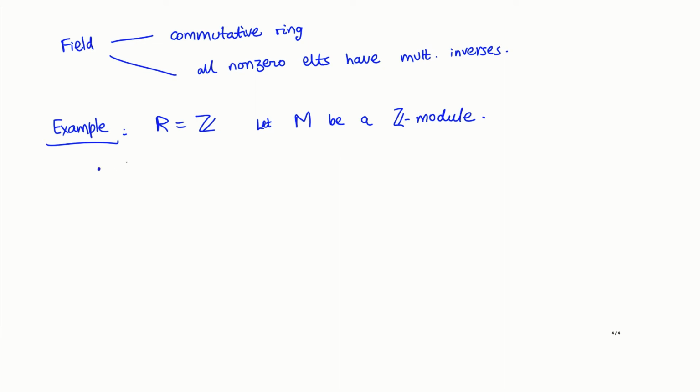So let's try and see what that means. First property, recall, means that M is an abelian group, it's got an addition operation, and with respect to that, it is an abelian group.